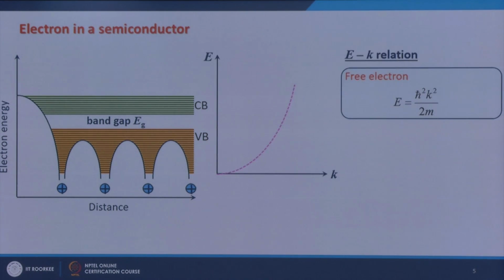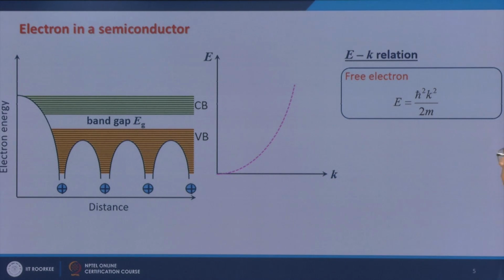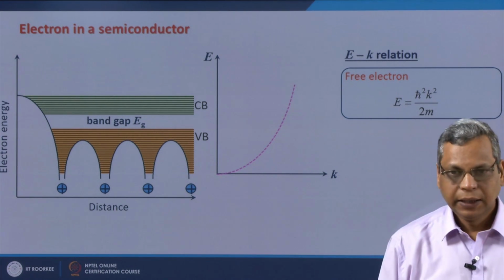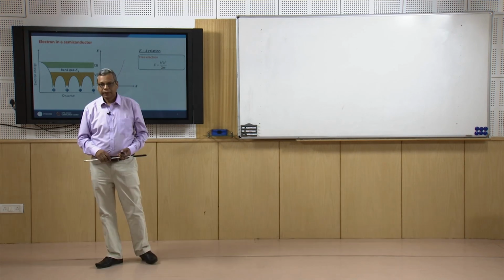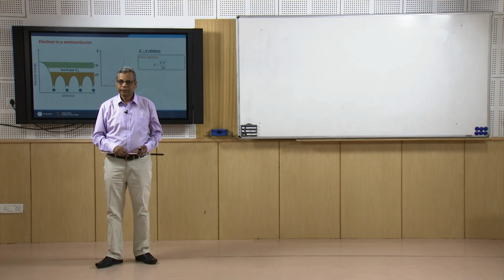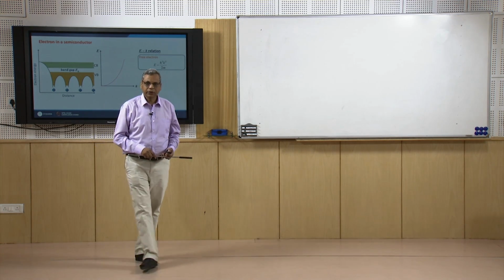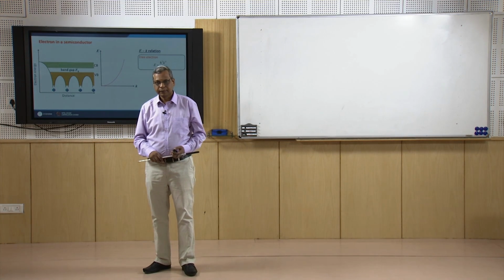If I have an electron in this kind of solid, then how its energy varies with k. K is the wave vector. I know that if an electron is moving, then a moving electron has a momentum associated with it and a moving electron also has a wave associated with it.